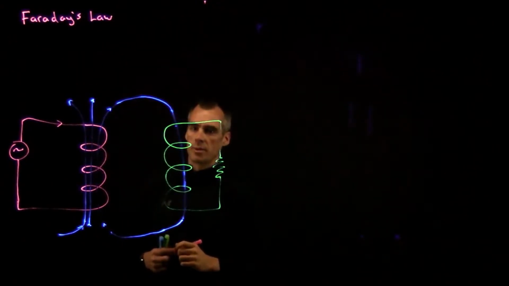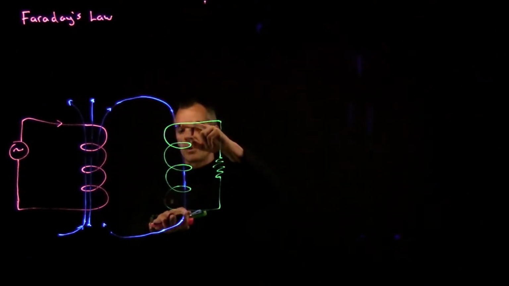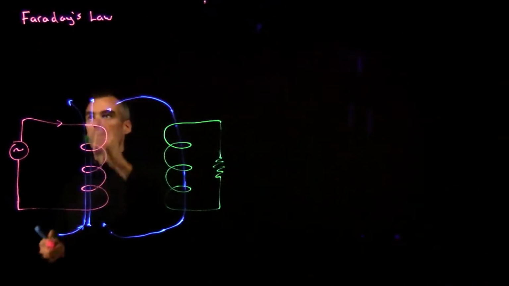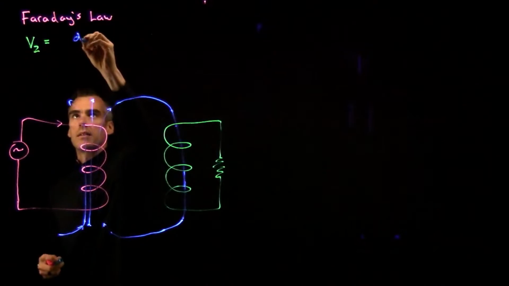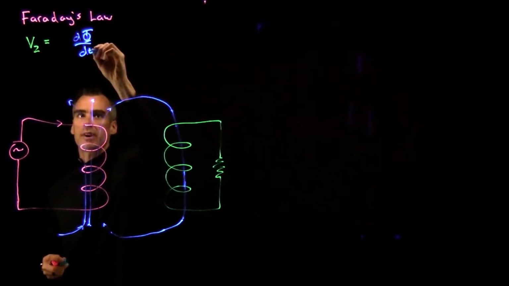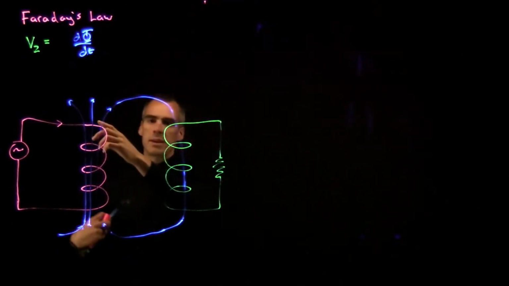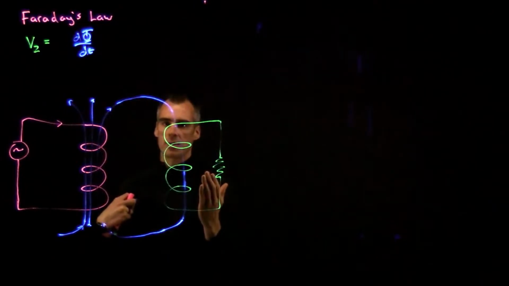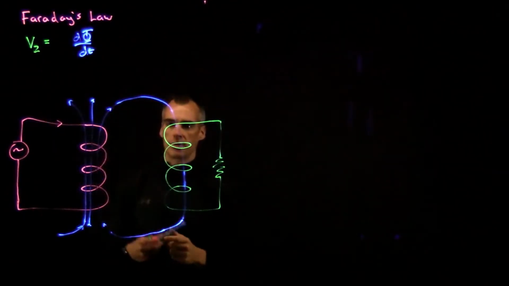What Faraday's law states is that the voltage that will be generated across this coil here, call that V2, is going to be equal to the change in flux over time, where this flux is what I'm representing here with these magnetic field lines. The change over time means that if it's just stationary here, it's not going to do anything. It's actually got to be moving back and forth in order for it to create this voltage here.